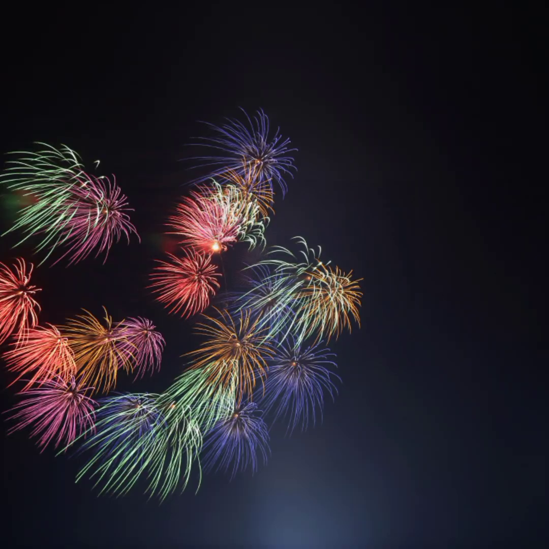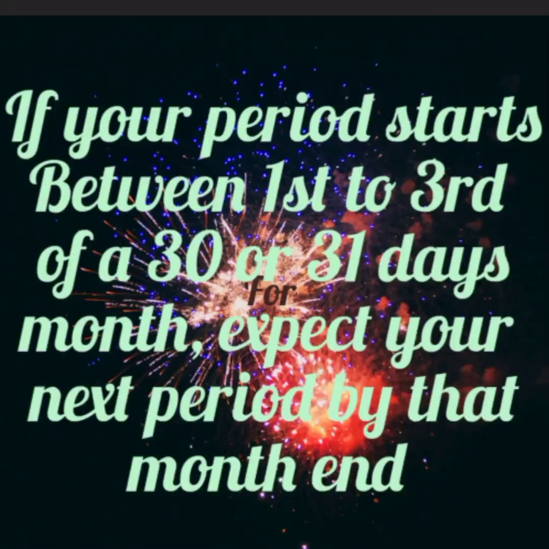And for all the months, except February, if your period starts between 1st, 2nd, or 3rd day of the month, expect your next period by that month end. This means that for any 30 or 31 days month, if your period starts on the 1st or 2nd or 3rd day of the month, you should expect your next period by month end.